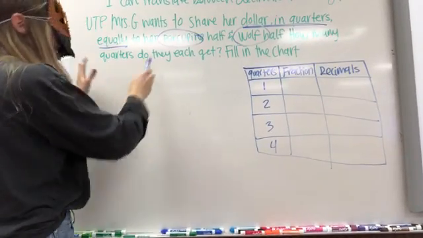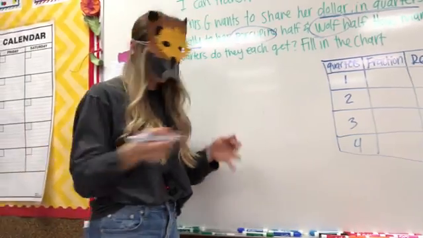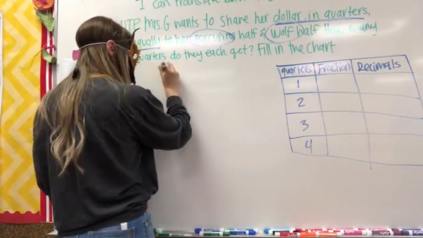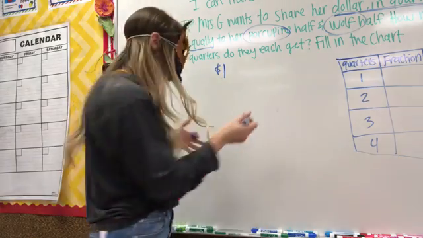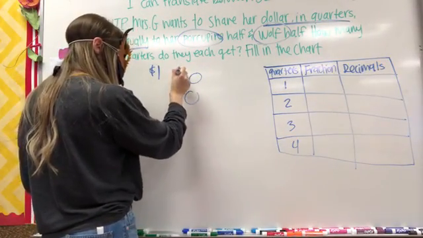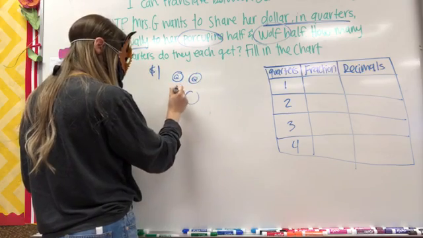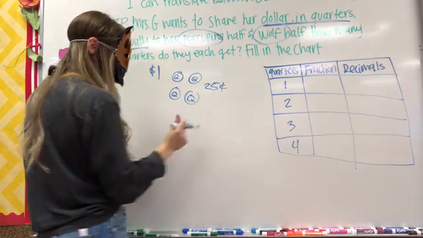So we are going to split our dollar in quarters. So first off, we have $1. How many quarters are in a dollar? Well, hopefully you remember that there are 4 quarters in a dollar, and that each quarter represents 25 cents. Okay?